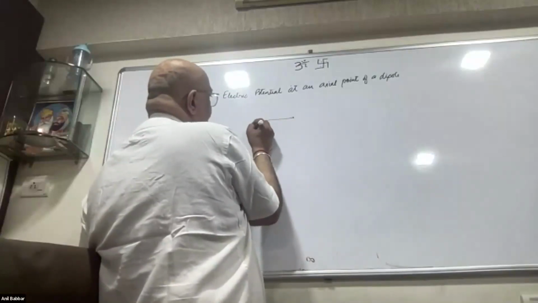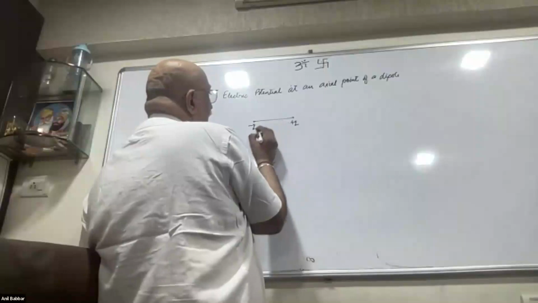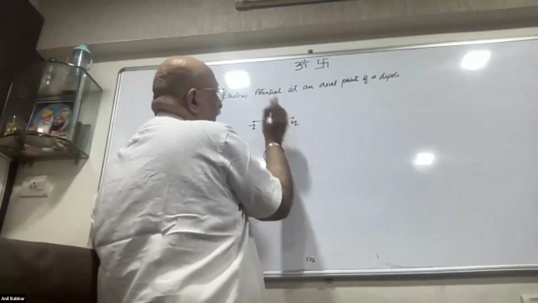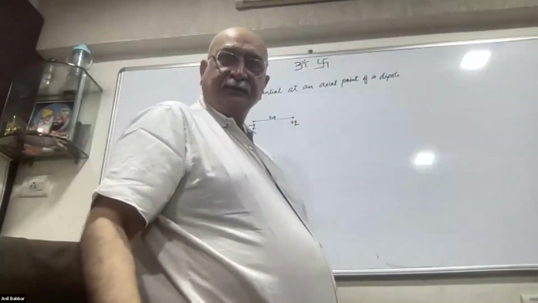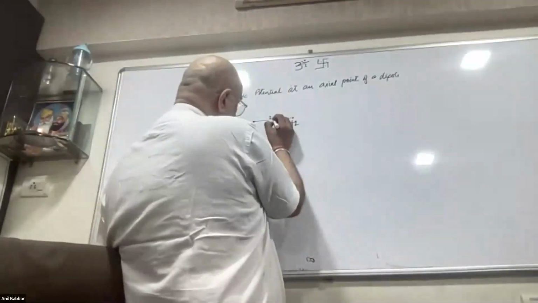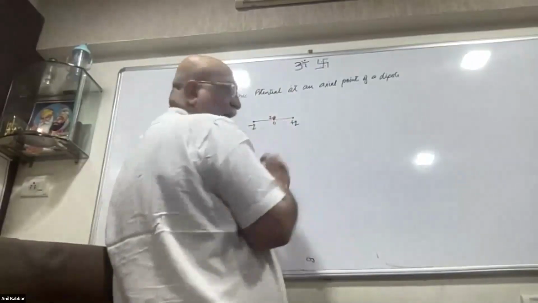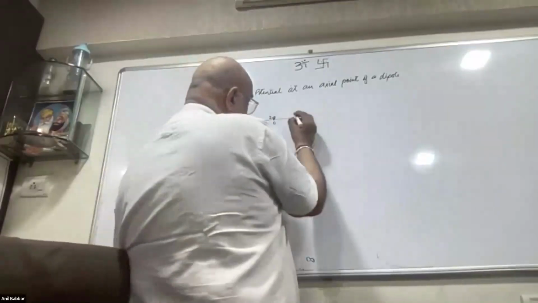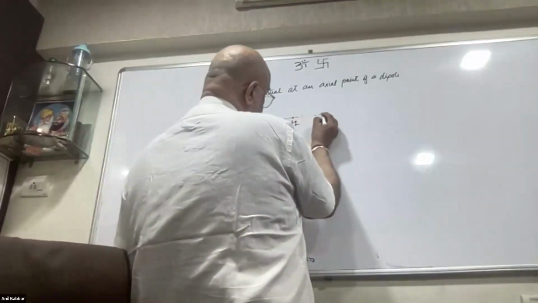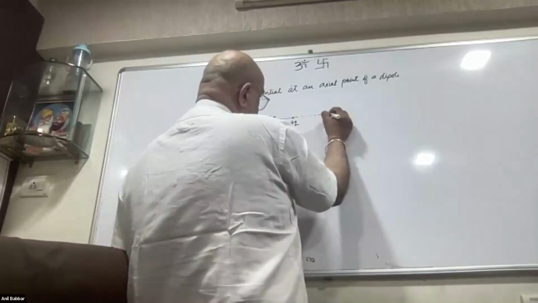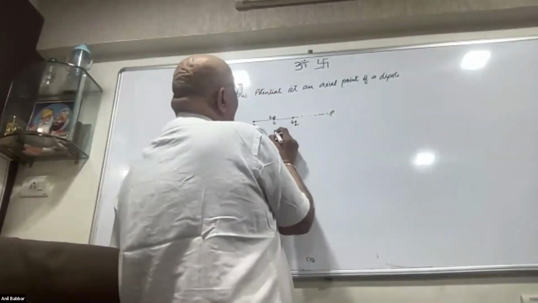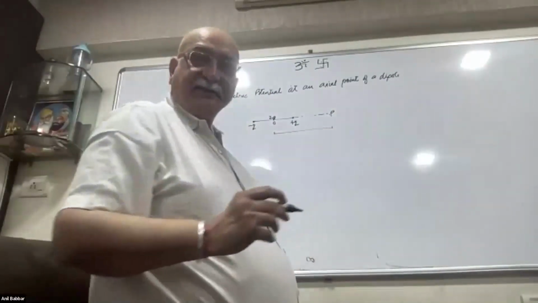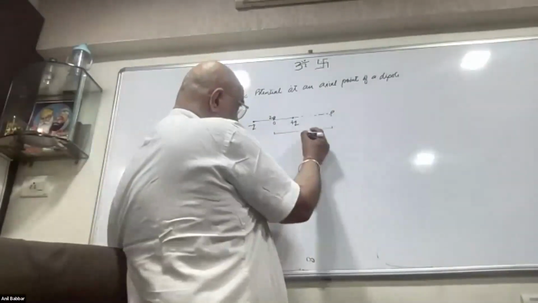Right, so this is minus q, this is plus q, and let this distance be say 2a. The distance between them is 2a, and this is the midpoint of this dipole, say O, and we need to find the electric potential at point, say P, lying on the axis here. So let this point P be lying at a distance of say R from this.